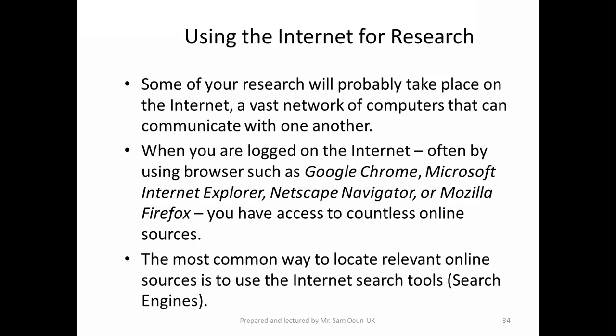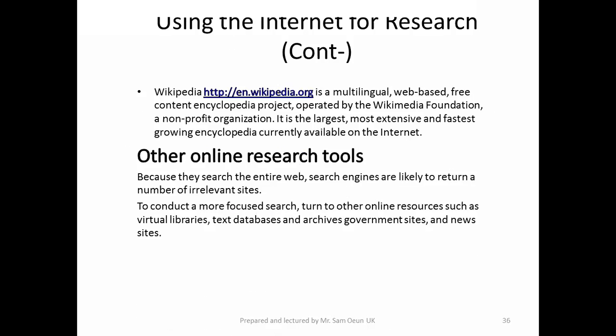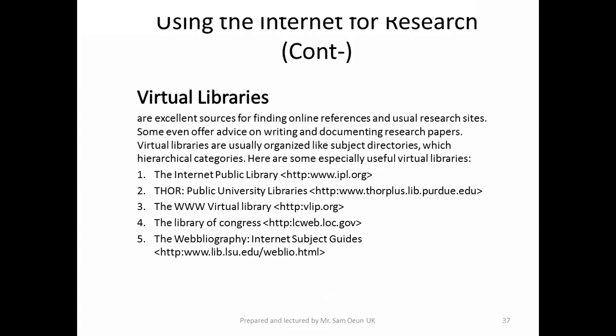Like you go to google.com, and then you have the one tab with search at the end. You can write your keyword in that box, and then you search. Then you click search, and you will find the book that you want. This one you already know.